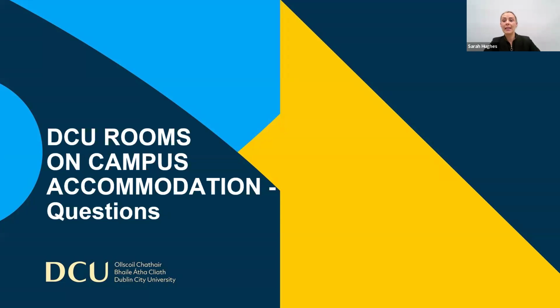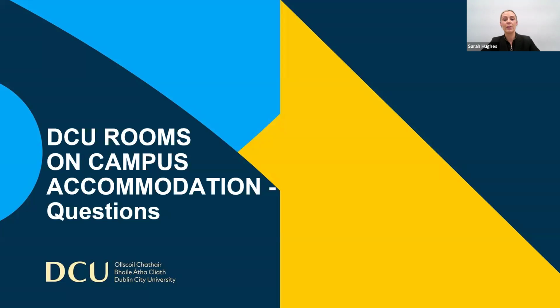So when you are making the application, you will choose at least 2 preferences of room types. So you'd have up to 3 preferences on your application to answer your question. There's no limit on the room type, but you would need to choose at least 2 different room types. So your first choice might be a single ensuite room, and it will say it's a single ensuite in a 3-bedroom apartment.